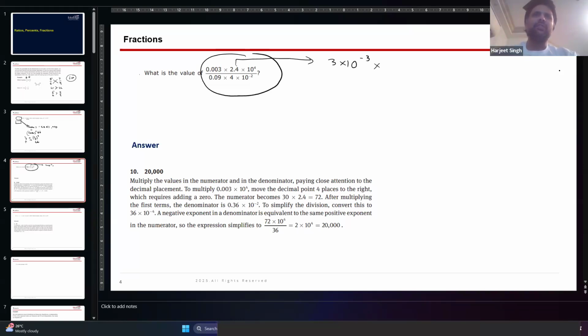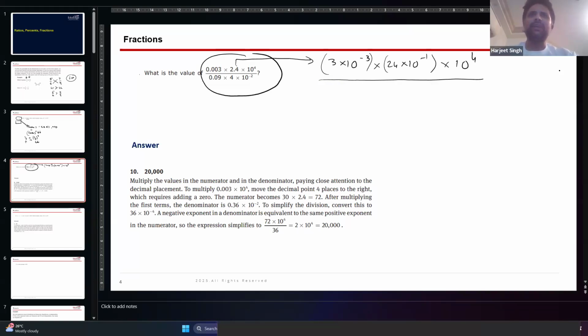We can retain 22.4 as is, but then it has a decimal. So again, I will convert that into 24 into 10 raised to the power minus 1. This is the second number in the numerator, and the third is 10 to the power 4.